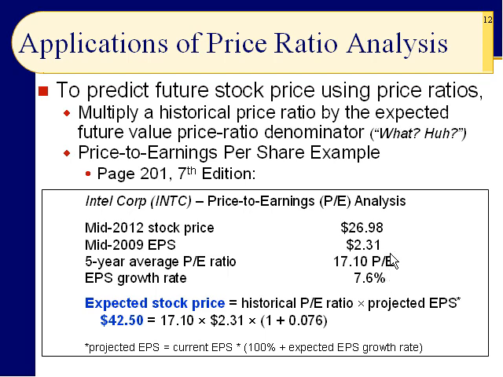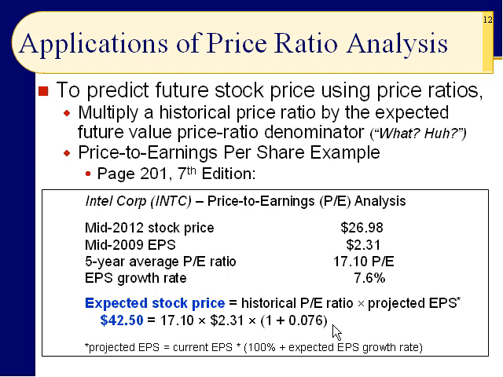So how do we do this? We take that historical PE, 17.1, we multiply it times the current earnings per share, and then we multiply that times 1 plus the growth rate to account for the 7.6% rise in the earnings per share.